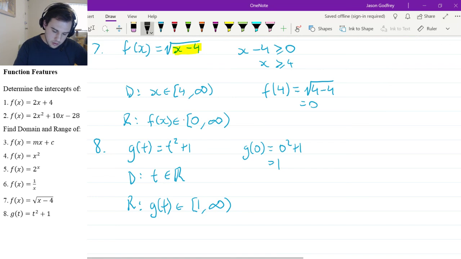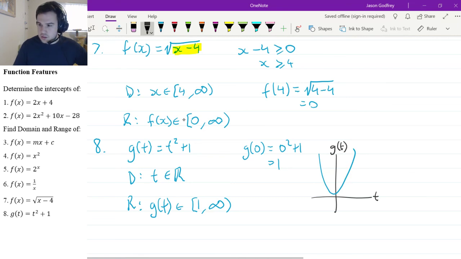Right, so the only slight difference there is that the parabola is still going to be the same as x squared plus 1, a parabola moved up by 1, but the axes are labelled differently. The input is t and the output is g of t. So we do need to be clear.